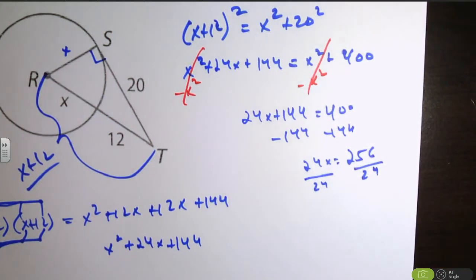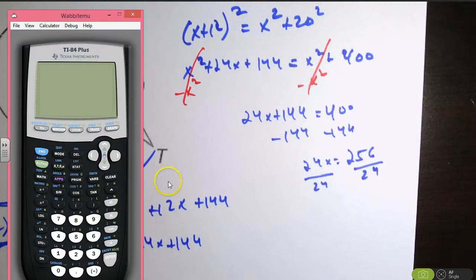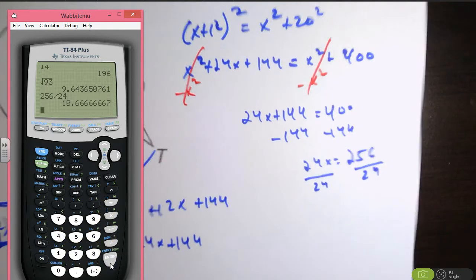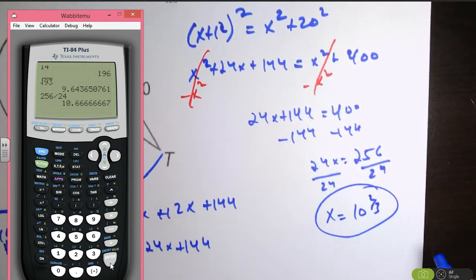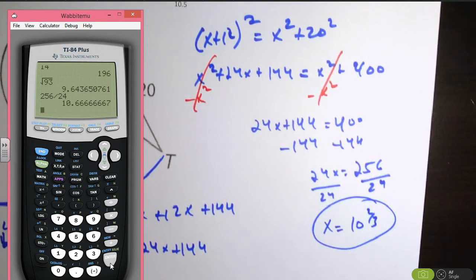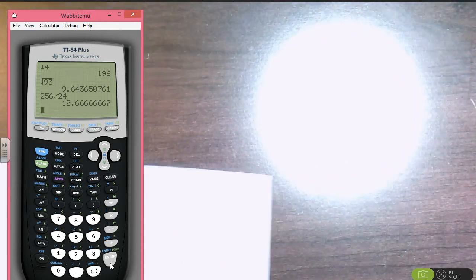I don't think that divides. Yeah, it's 10 and 2/3. Okay. So there we go. 10 and 2/3.